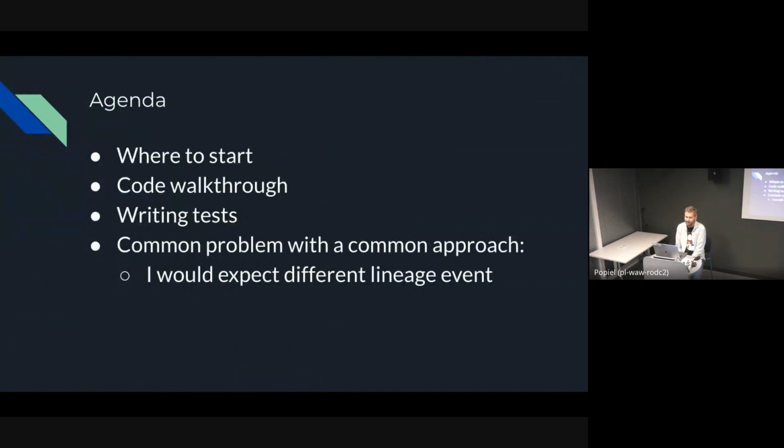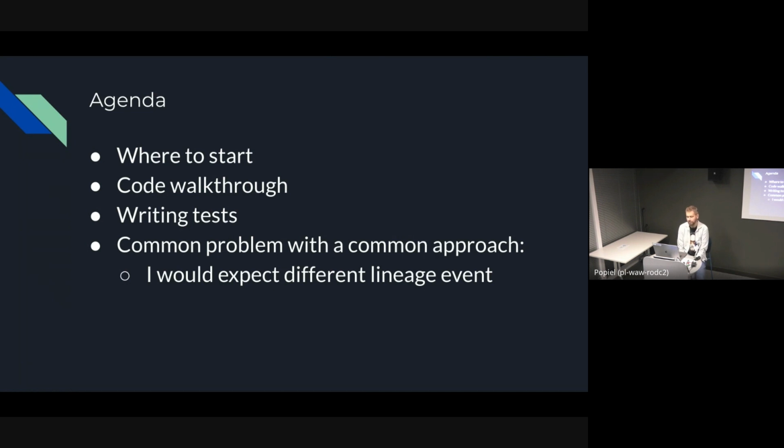The agenda for the talk is: let's define the place where to start, how to start thinking as a contributor and trying to help the community. We can do a super fast code walkthrough through the submodules, projects and directories. We can say what are the ways of writing tests for the OpenLineage Spark integration, because we do write a lot of tests.